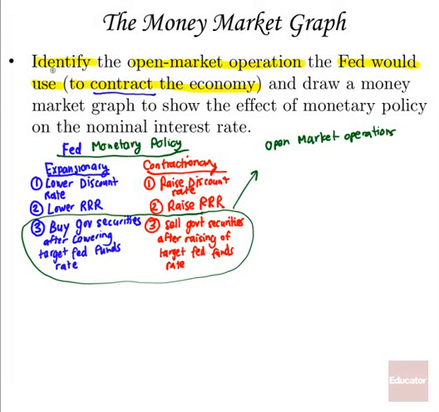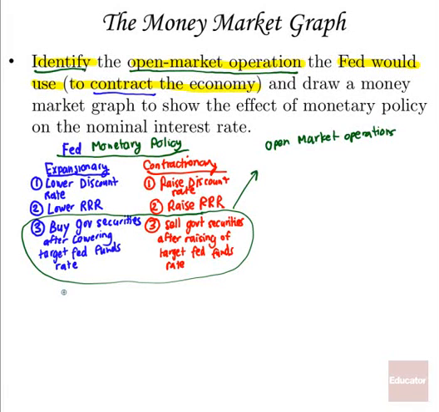So when the question asks, identify the open market operation the Fed would use, it's saying either buying or selling of government securities. Now, if you want to expand the money supply, expansionary monetary policy, then you would buy.